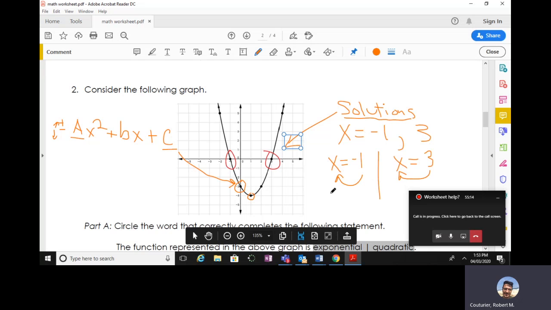You'll notice that when you get to a certain point, you're going to say, hey, I have a binomial: x plus or minus something equals 0. Well, think about this. If we move this over, what do we have to do? We add 1 to both sides.